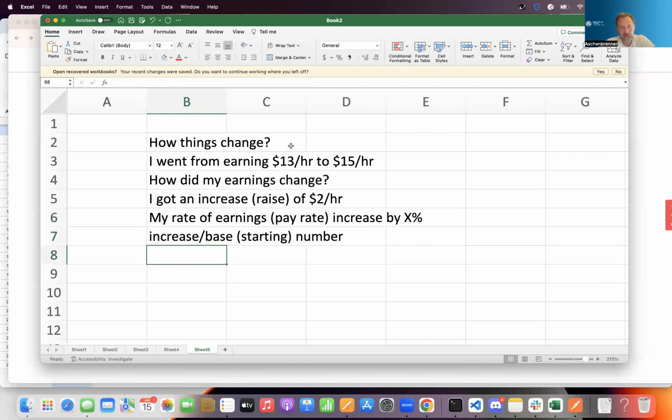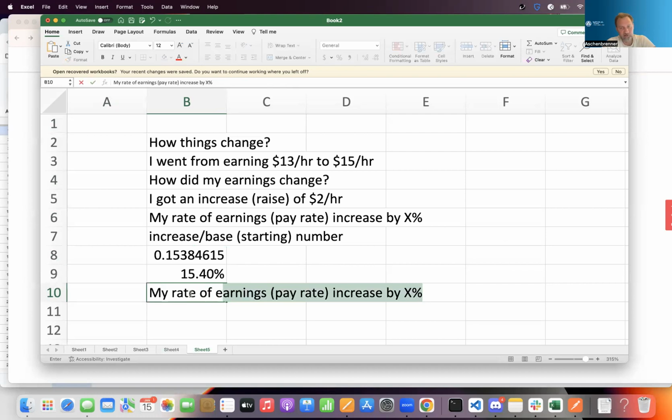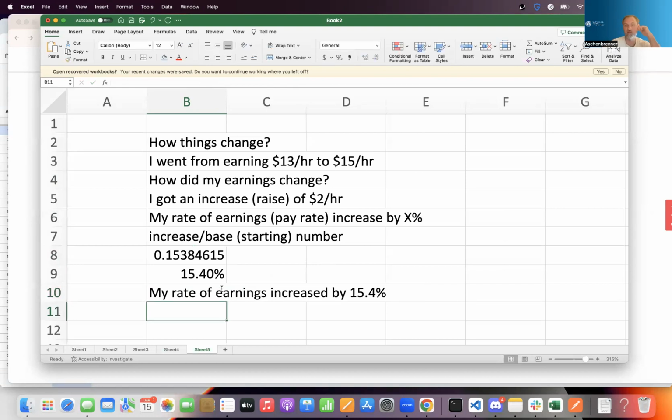The starting number was 13. I started at 13. It increased by 2. The ratio I'm interested in is 2 divided by 13. And again, I'm going to change this into a percentage. So I'm going to say 15.3 or 4%. So my final answer would be my rate of earnings increased by 15.4%, which is a pretty decent increase.